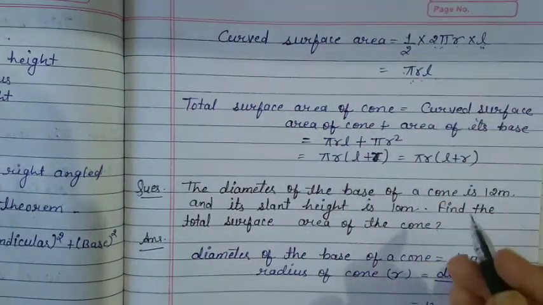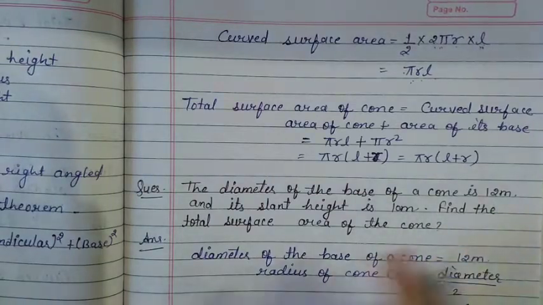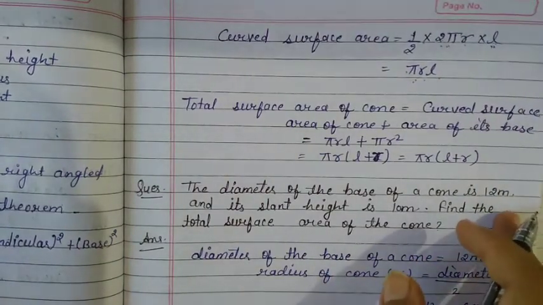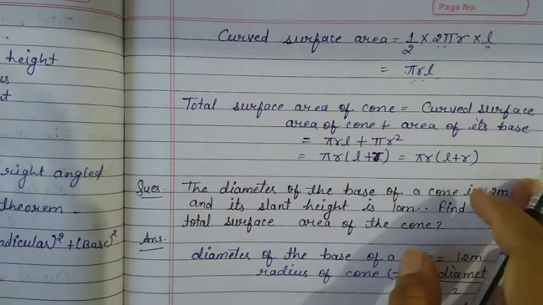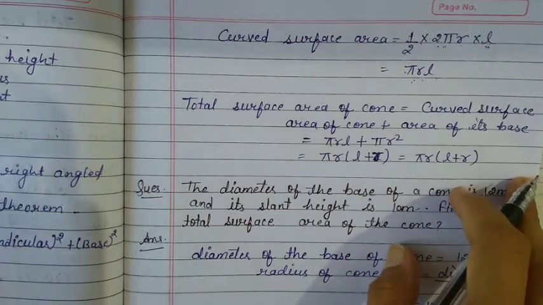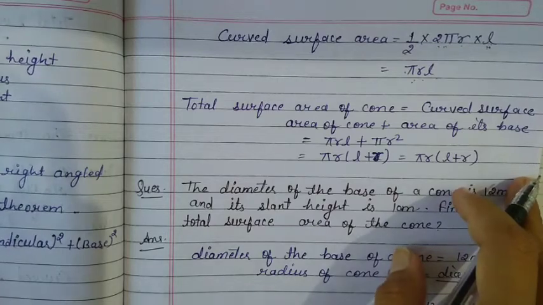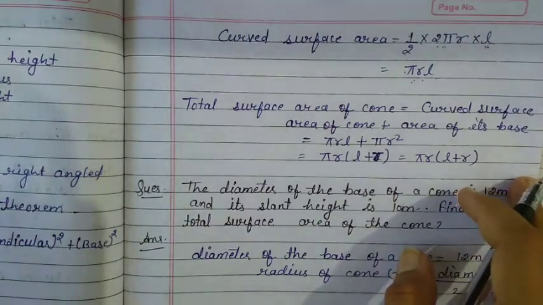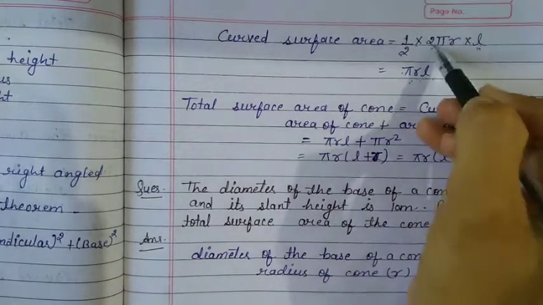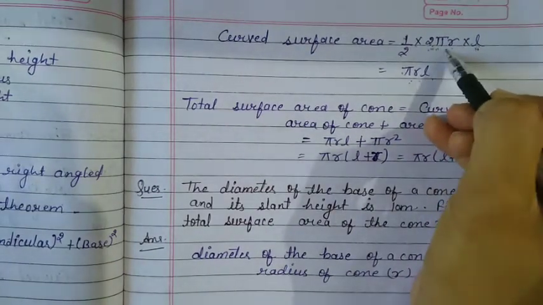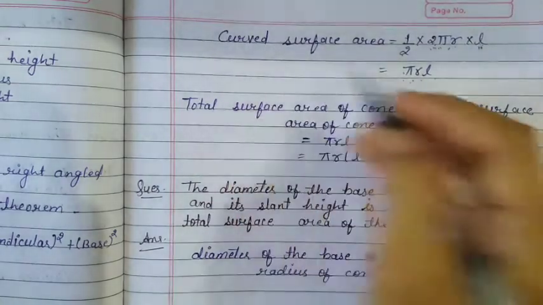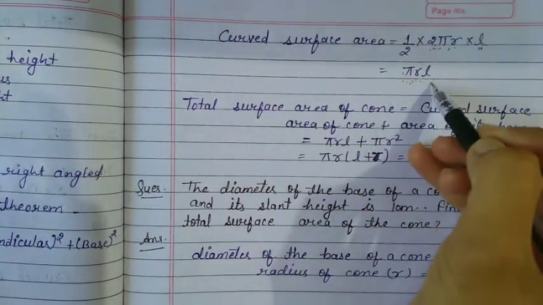Students, here we took help of the area of a sector of a circle, 1 by 2 into L into R. Here R equals the slant height of the cone and L equals the perimeter of the base of the cone, that is the circumference, 2 pi r. So when we put L equals 2 pi r and R equals L, we get the curved surface area of a cone equals pi RL.